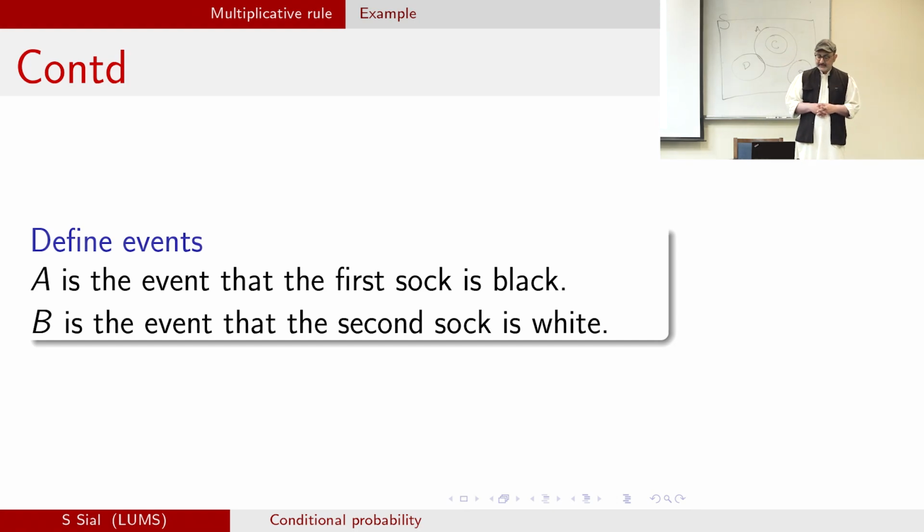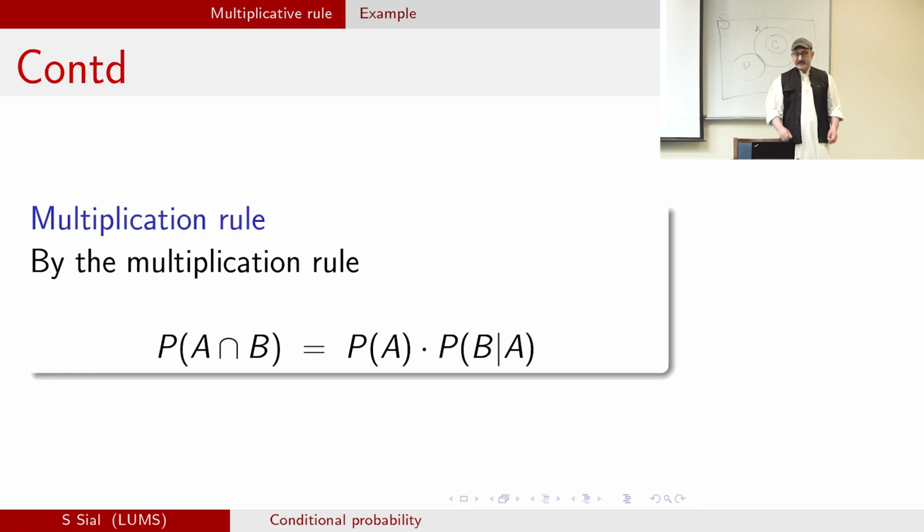Let's say A is the event that the first sock was black, and B is the event that the second sock is white. Let's say I start thinking about it and I say, okay, that's getting a bit difficult for me. And I say, okay, I can always rewrite.